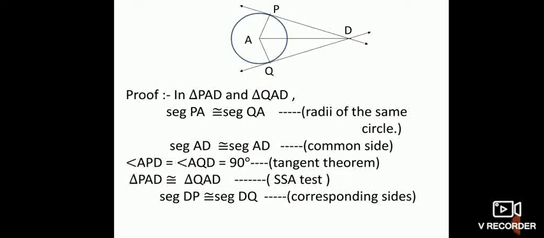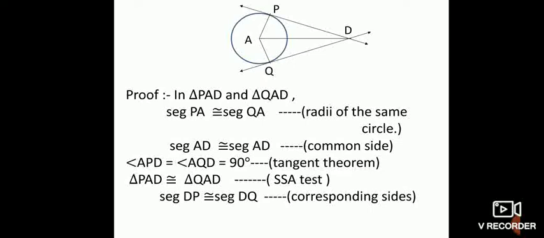At first, what about segment PA and segment QA? We know that segment PA and segment QA are the radii of the same circle, and the radii of the same circle are congruent. Therefore, segment PA congruent segment QA.